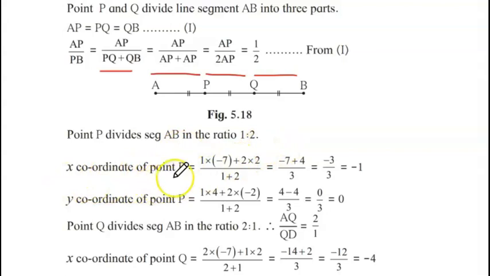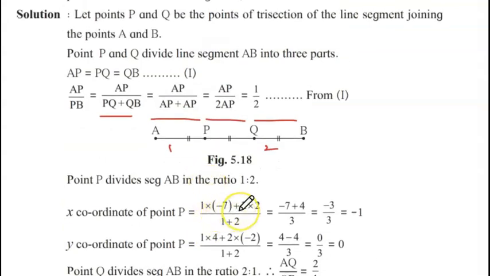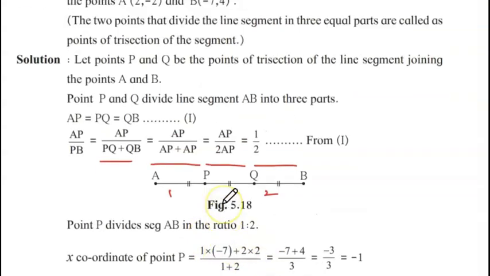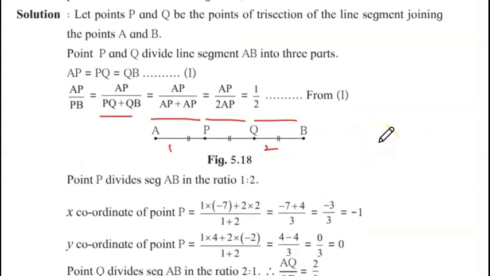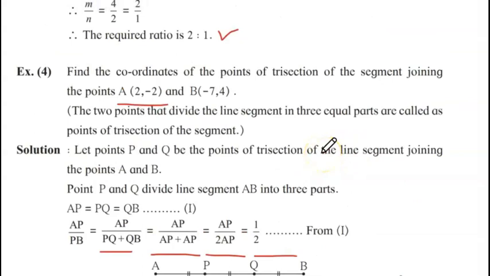Now the x coordinate of the point P. If we want to find the x coordinate of P, what ratio do we get? The ratio is 1:2. Therefore the x coordinate is mx2, means what? 1 into -7 plus nx1, that is 2 into 2, upon 1 plus 2. The coordinates of point A are (2, -2) and the coordinates of point B are (-7, 4).